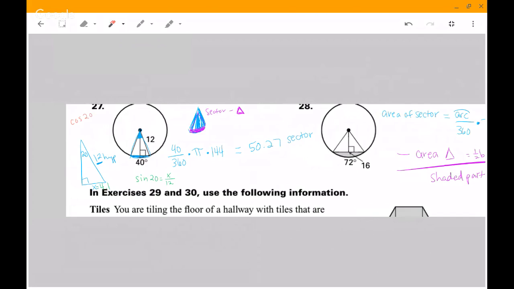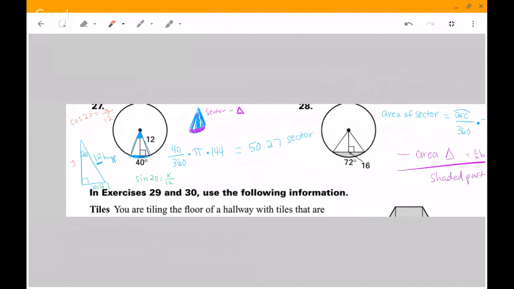Cosine 20 equals adjacent over hypotenuse. I'm going to put a y just so it'll be a different variable. I got 11 point. Yes.